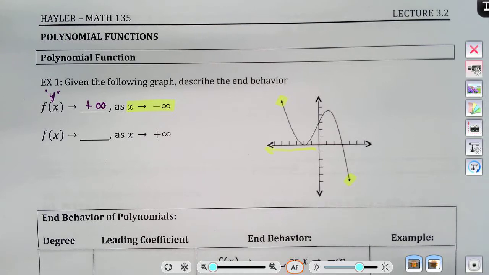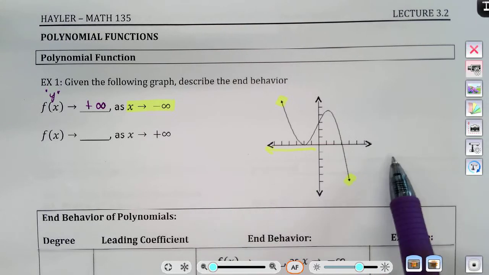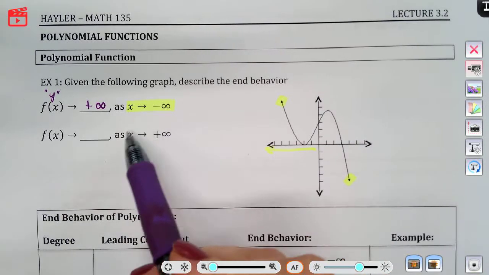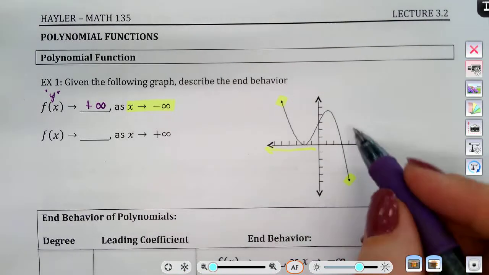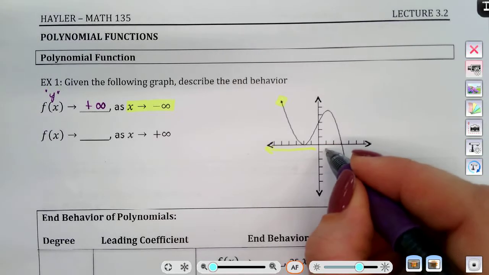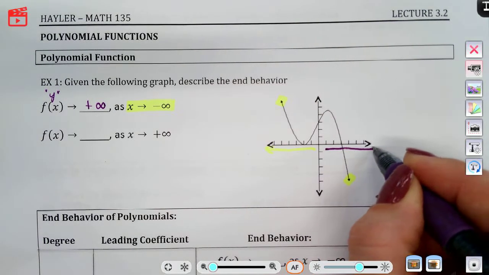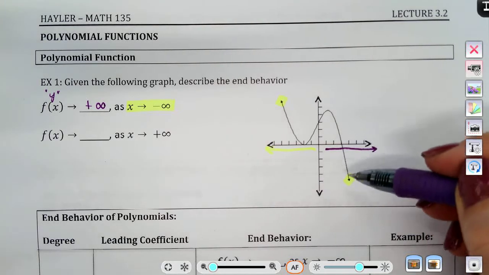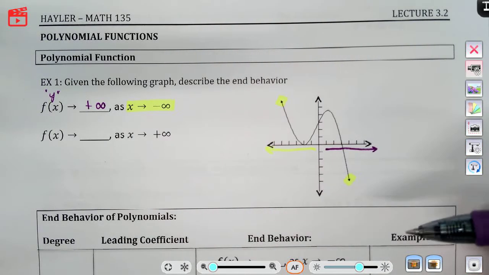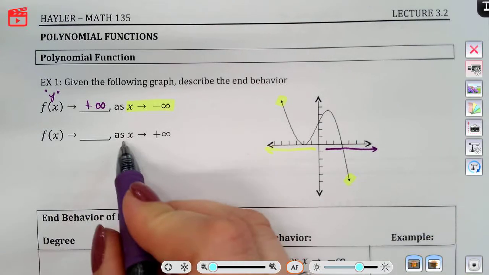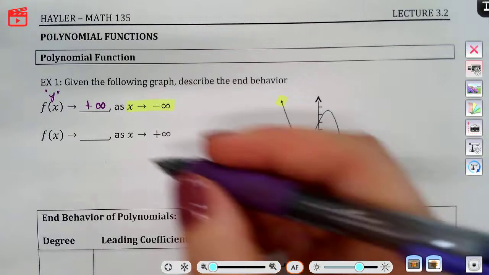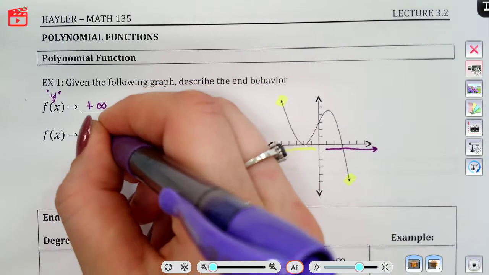Always we're just looking at as our x gets big and as our x gets small. Those are what we're focusing on. So as our x values get bigger and bigger, what's happening to our y values? Notice our y values head down into negative infinity. As our x values get larger and larger, our y values are actually getting smaller and smaller, heading towards negative infinity.